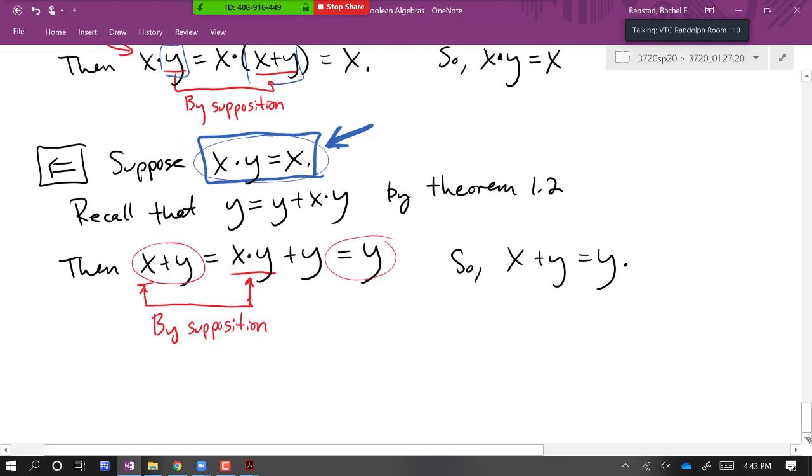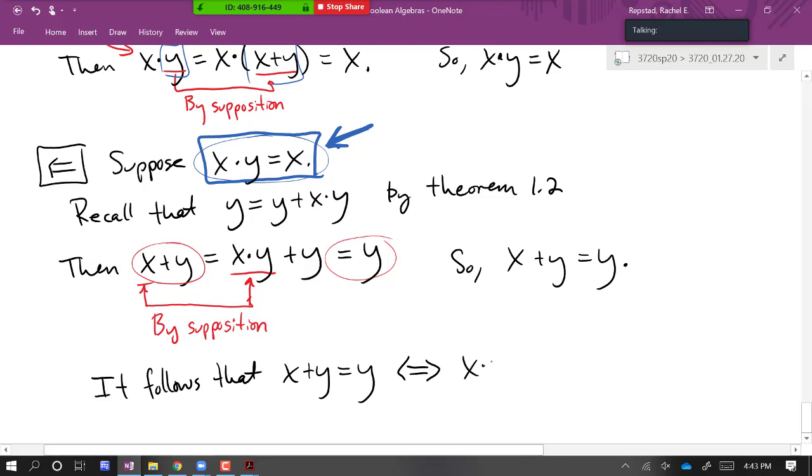So we've done each part. I just like to wrap it up nicely for the reader. So it follows that x plus y is equal to y if and only if x times y is equal to x.